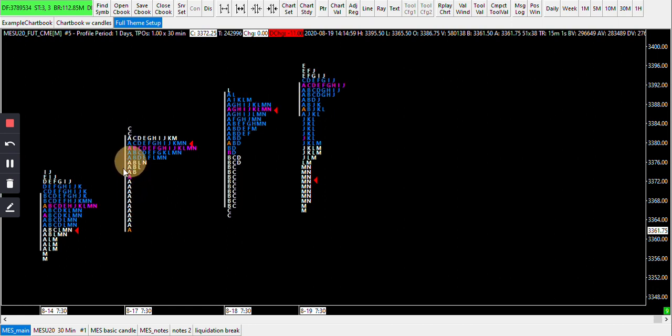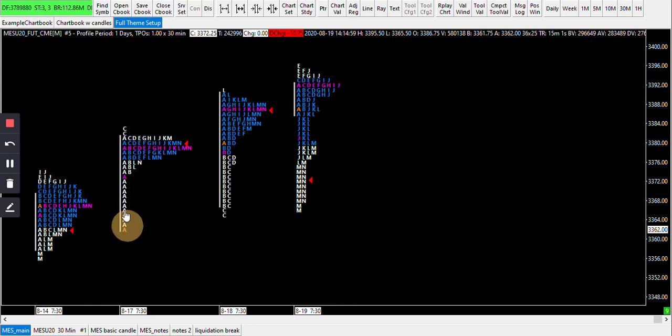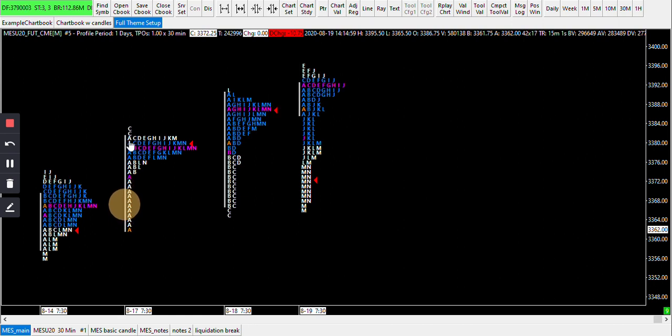And basically the way to think about these A's down here and these single prints is that it's an area where the market participants saw prices being excessively low or excessively high. And in this case, this excess shows that price was excessively low, and what happened was they drove price straight up. It reached its pinnacle here during the A time frame, and then it pulled back.